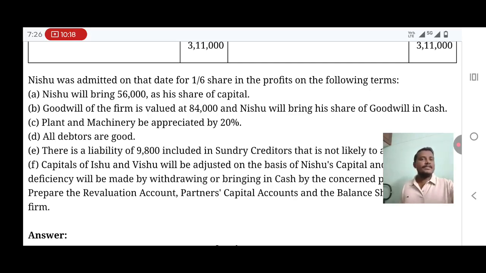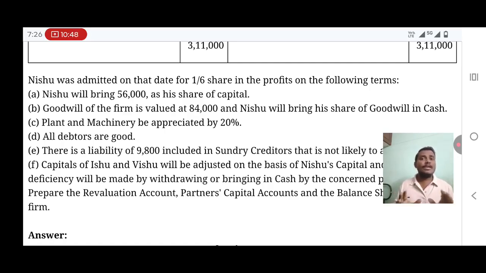You split that in the new ratio, 3:2:1, and you compare each partner's adjusted capital with the new capital. Nishu, since she is a new partner, will have only new capital. That you can directly show by cash, 56,000, which you have already written.